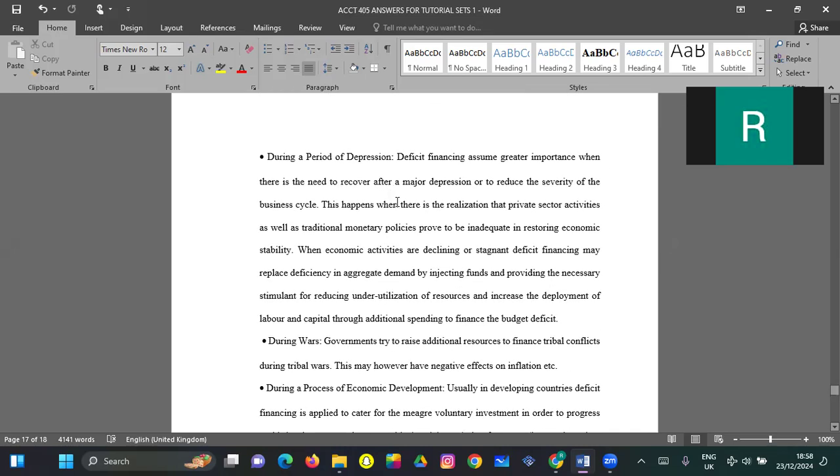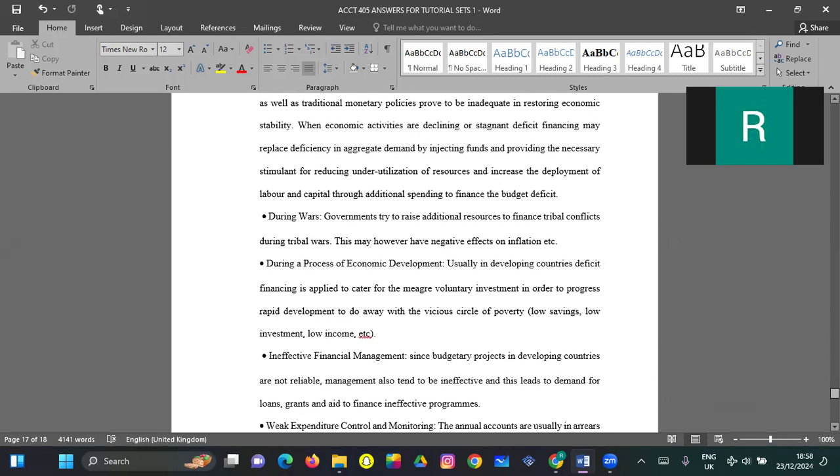So this happens when there is realization that the private sector's activities as well as traditional monetary policies prove to be inadequate, right? So we cannot raise enough money. And then during wars, government tries to raise additional resources to finance tribal conflicts. This may, however, have negative effects on inflation.